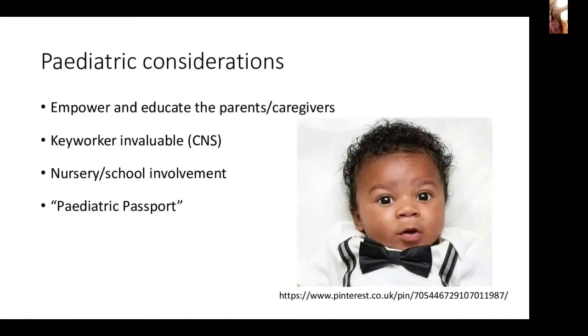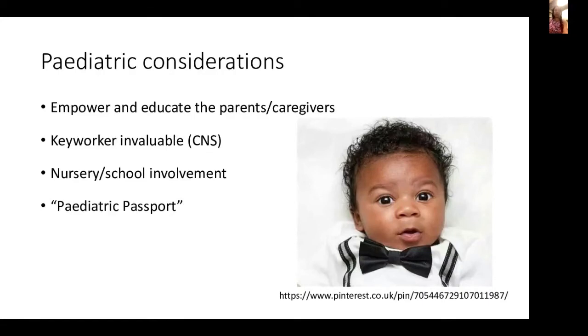We want to involve key stakeholders like the nursery and school, making sure they're aware of sickle cell, if they need any education. Commonly, one of the nurse practitioners sometimes visits the school or arranges a consultation with the school nurse just to explain what is sickle cell, why when children go to school they may need to be excused to go to the toilet because they need to pass urine more frequently, they can't run around too long and get dehydrated, and so forth.